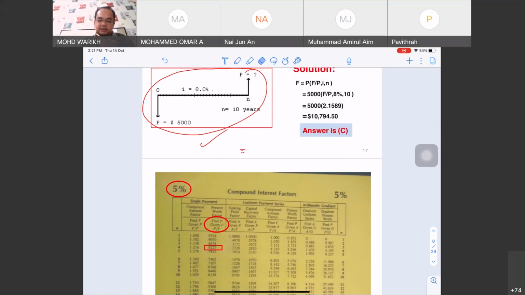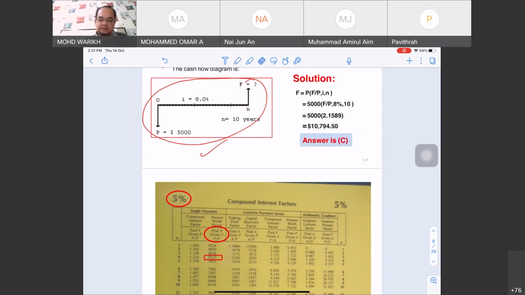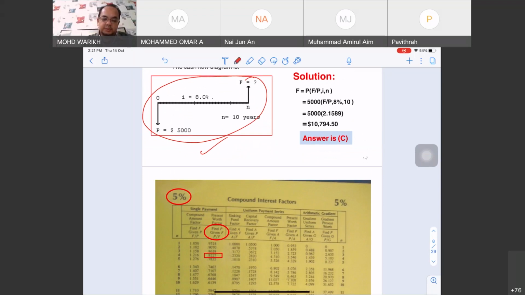In the example, you have to find P, okay, i is 5%, and then the column P over F. That means from the formula, you have to find P, and F is given.